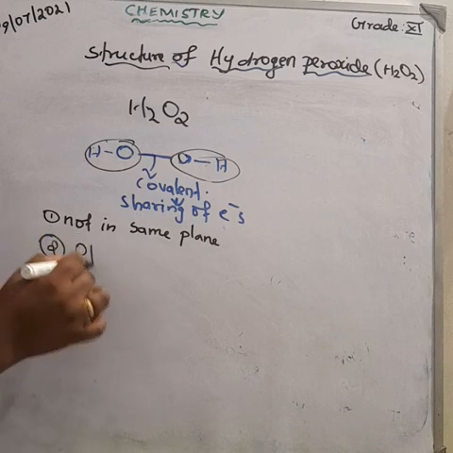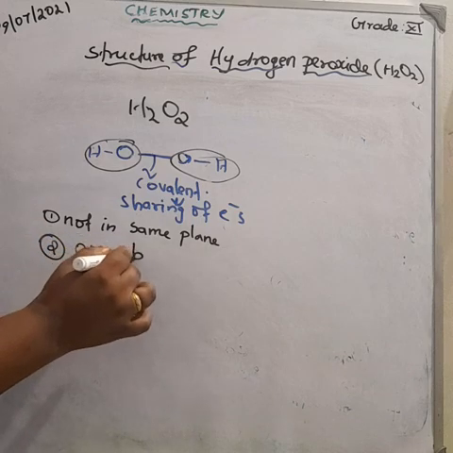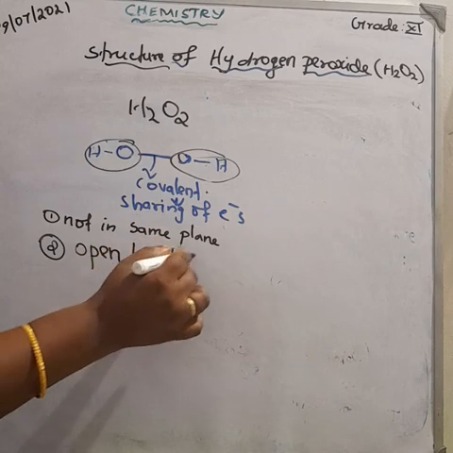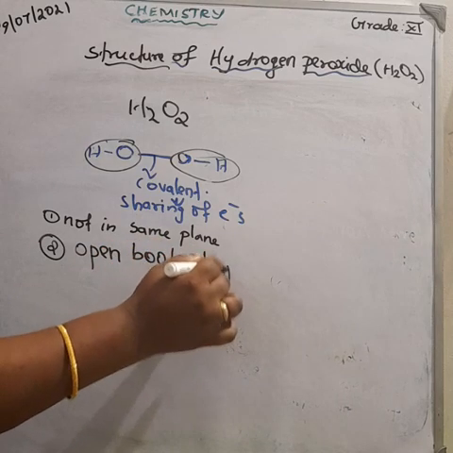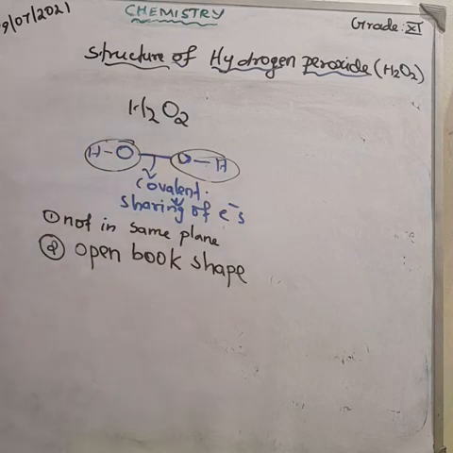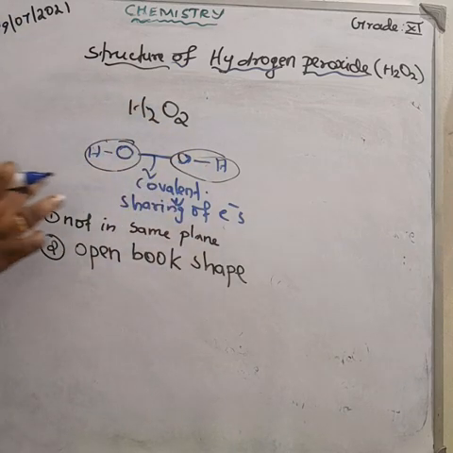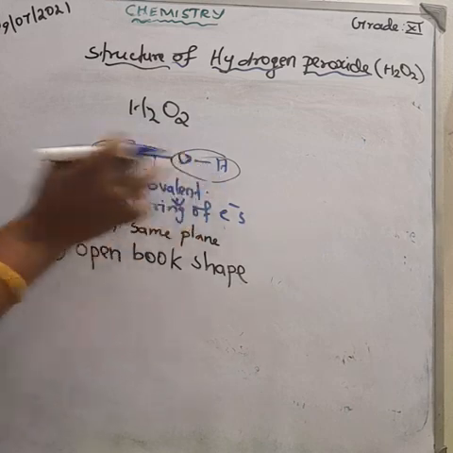These two hydroxyl groups do not lie in the same plane. But one of the best ways to explain the shape is the open book shape. Hydrogen peroxide has an open book shape.